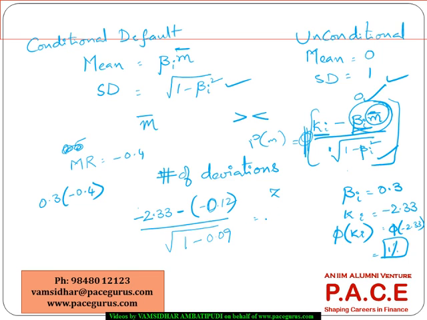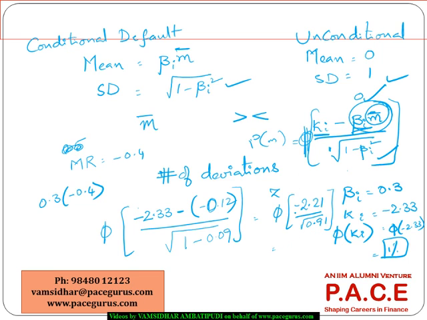So when I am looking at phi of this, minus 2.33 plus 0.12, it is coming out as phi of minus 2.21 divided by square root of 0.91. Correct?